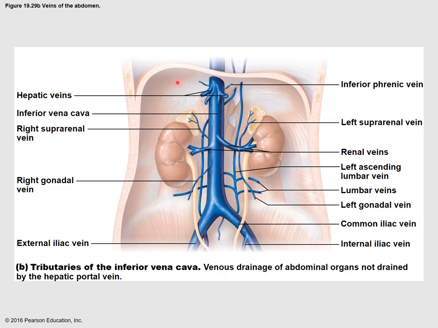Here's the inferior vena cava. This is the right suprarenal, left suprarenal veins coming in. Here are the renal veins. They drain into the renal veins, which come into the inferior vena cava. And then you've got your common iliac veins coming in. Here's the external. You have the internal. They're all going to merge together, forming that inferior vena cava.